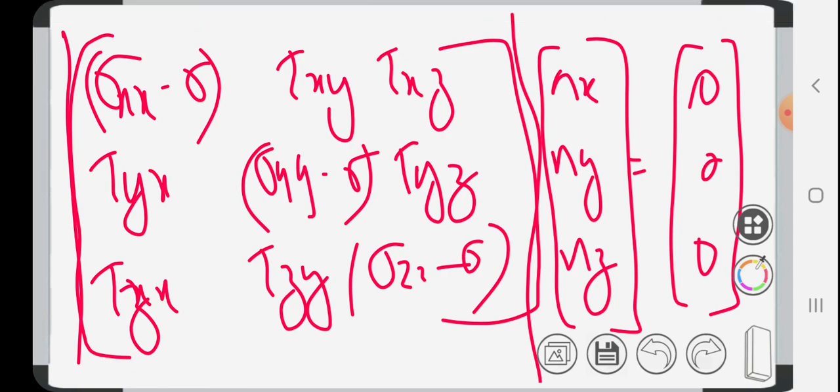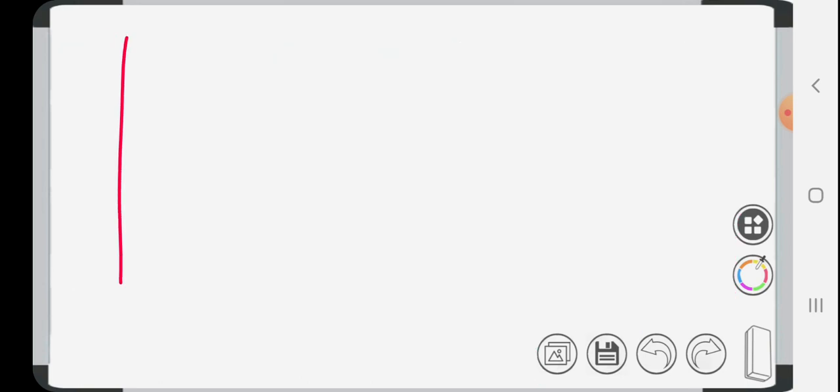I hope you have learned these methods in our previous engineering mathematics class, solving cubic equations. This is a cubic equation because the degree of sigma will be sigma cube. Okay, that is a cubic equation.